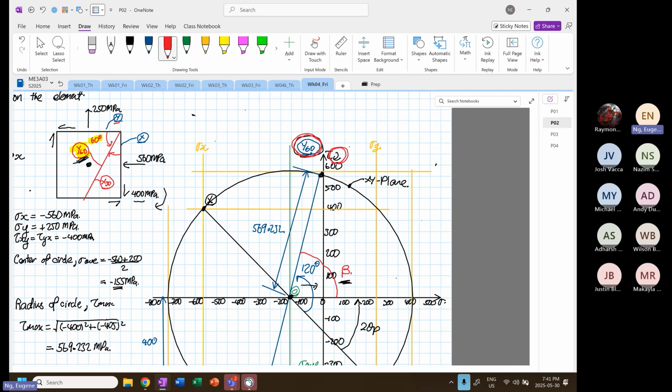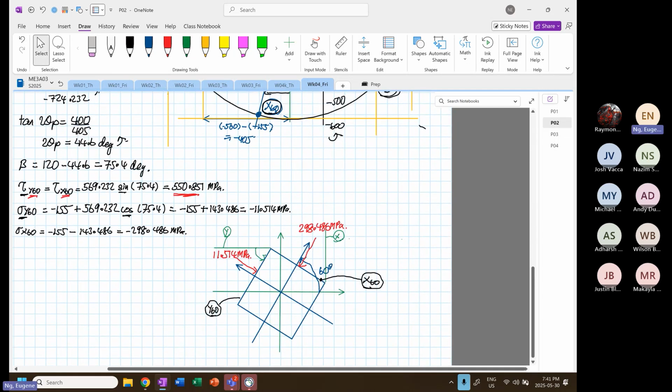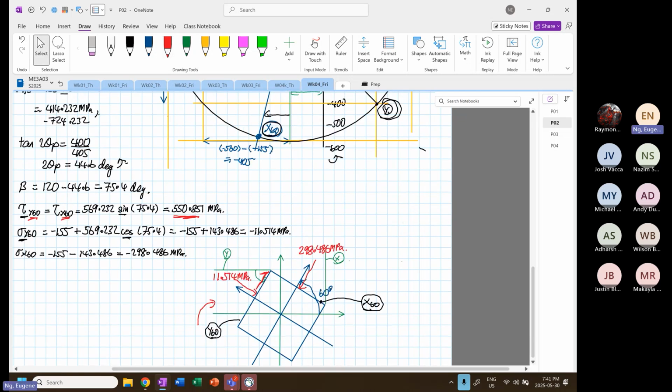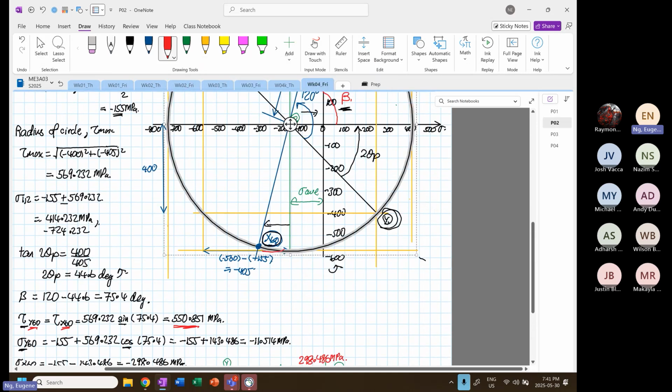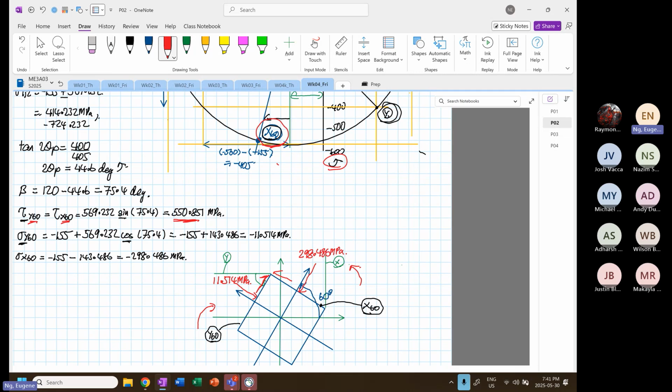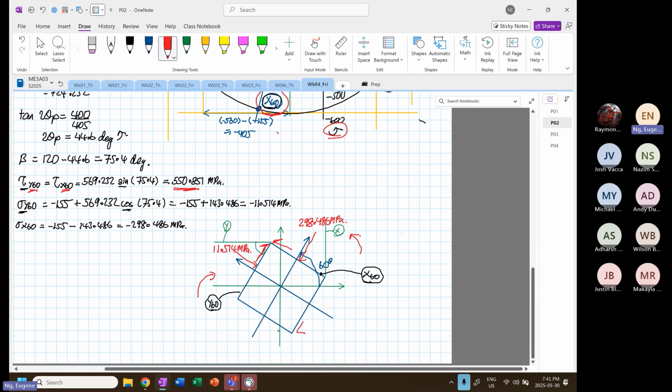Okay. So now over here, y60 will want to generate an element rotation in a what? In a clockwise direction. This is the direction of the shear. And then on x60, this is the rotation, which is anti-clockwise, right? So this is the direction of the shear. So to complete the diagram, these are the shear.